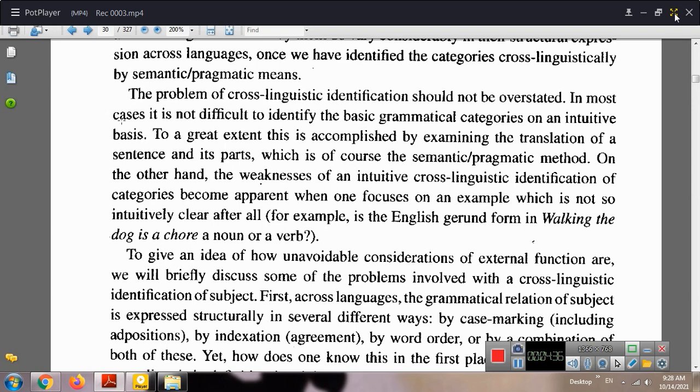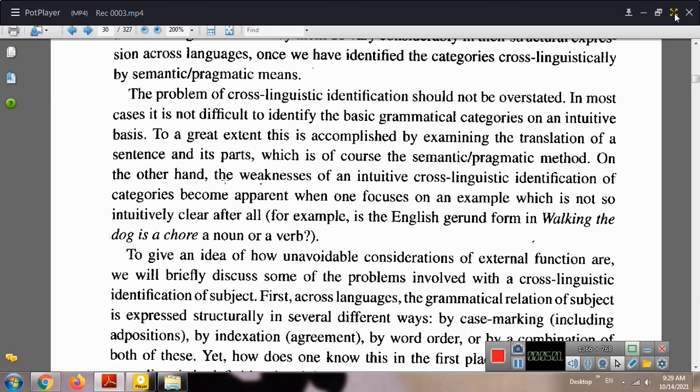In most cases, it is not difficult to identify the basic grammatical categories on an intuitive basis. To a great extent, this is accomplished by examining the translation of a sentence and its parts, which is, of course, the semantic pragmatic method.